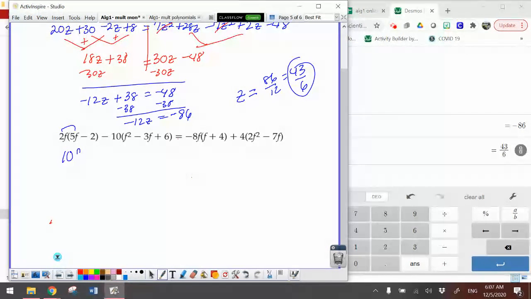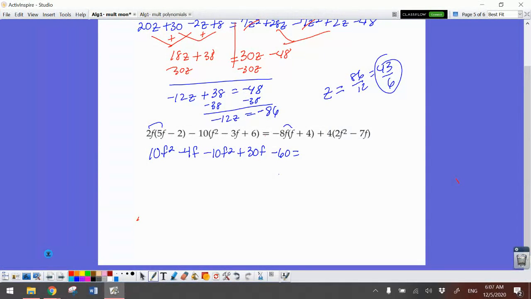So 10f squared minus 4f minus 10f squared plus 30f minus 60. So that is the left side. The right side, negative 8f squared minus 32f plus 8f squared minus 28f.